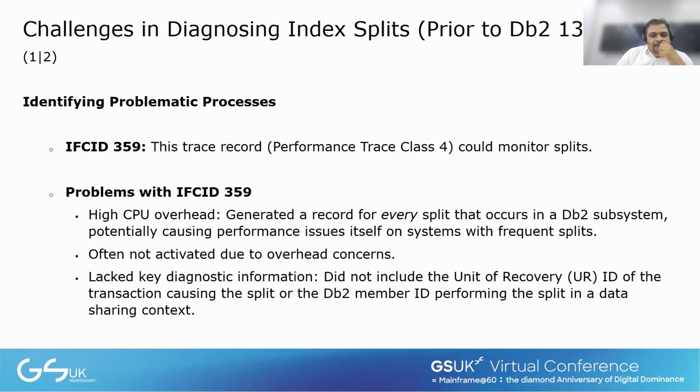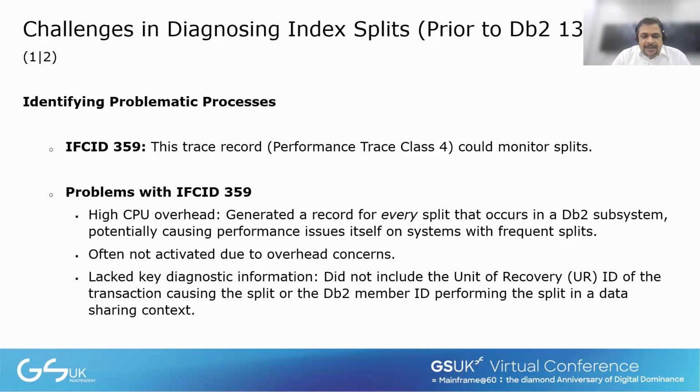Because of these overheads, and it being a performance trace class, it is not activated a lot of the times. If you activate it, there is a CPU overhead, so you have to think about it. Also, the diagnostics we get from IFCID 359 are not full.